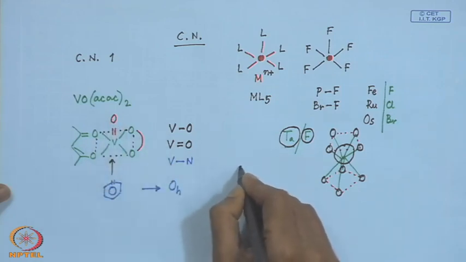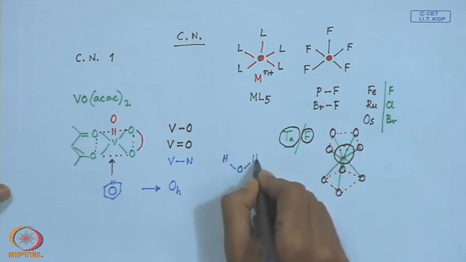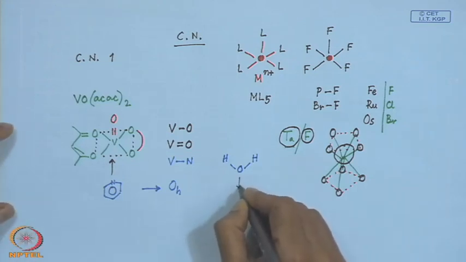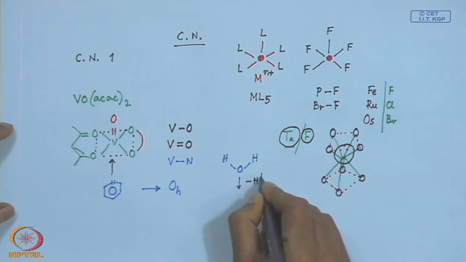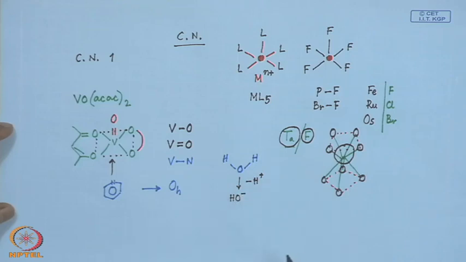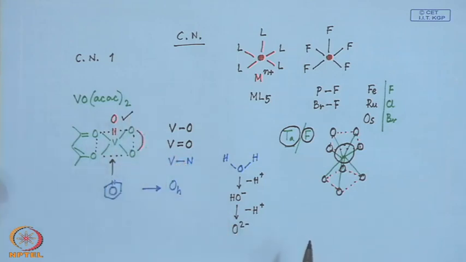Whenever we think of an oxygen double bond to any metal center, at the same time we can consider that through one step of deprotonation it can go to HO minus, and another step of deprotonation will lead to O2 minus, which is the oxo anion, our typical oxo anion.